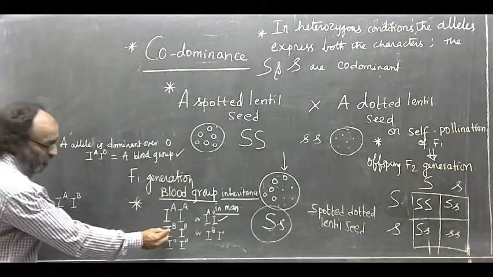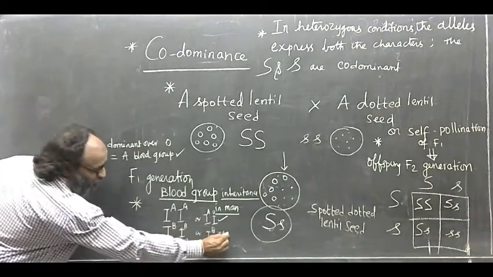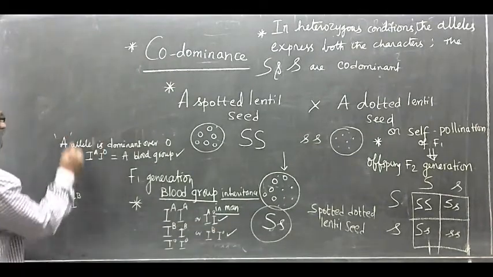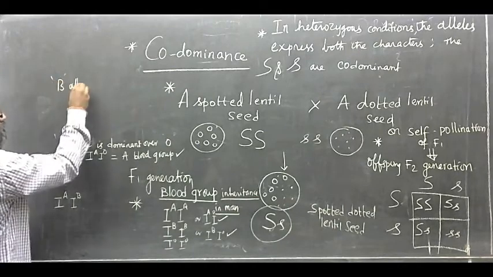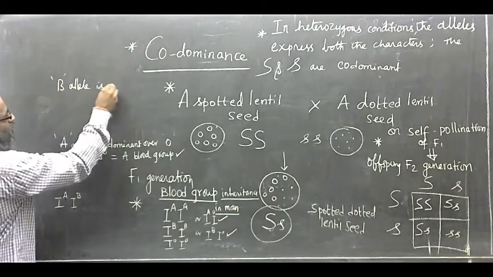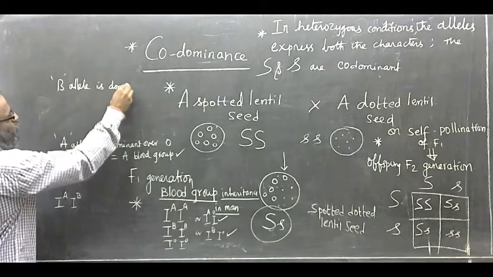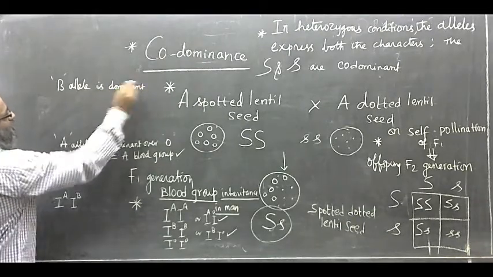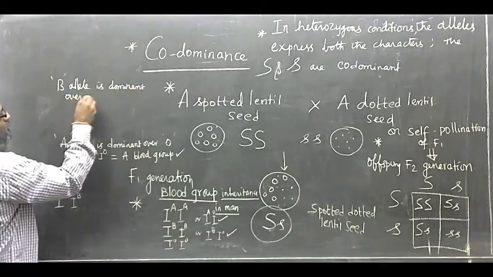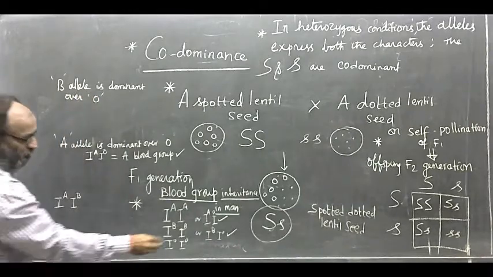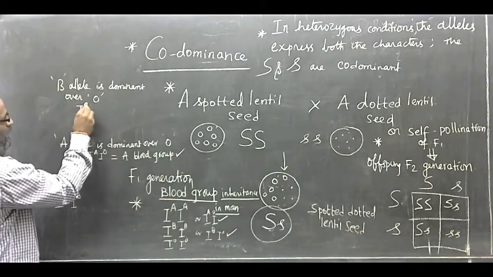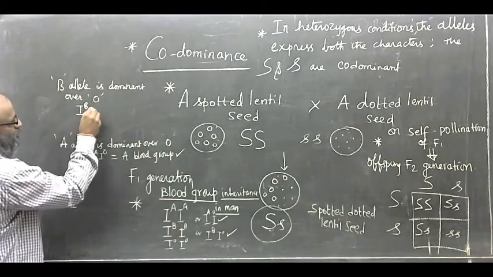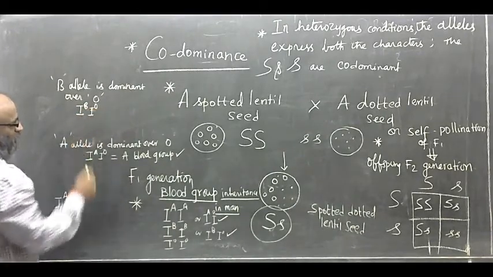And for B blood group, take this case. B allele is dominant over O. That means IB IO is the heterozygous condition.